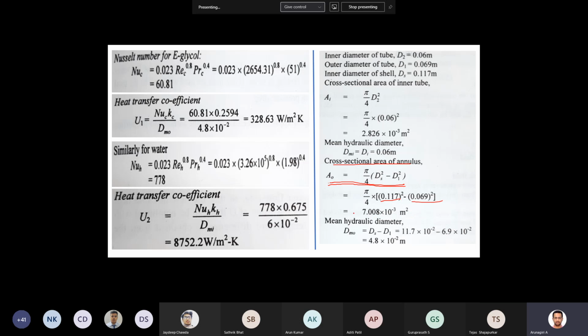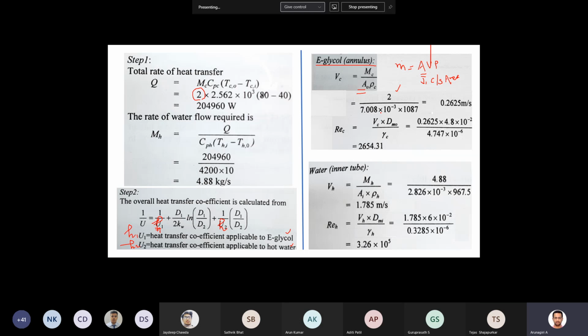If you substitute, you will get the A naught, the cross sectional area of the annulus. Then the density is given in the problem. The value is 1087 kg per meter cube. So kindly check the value. Please use the calculator and find out.